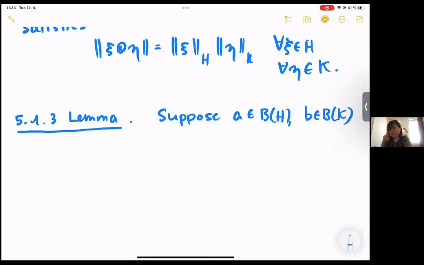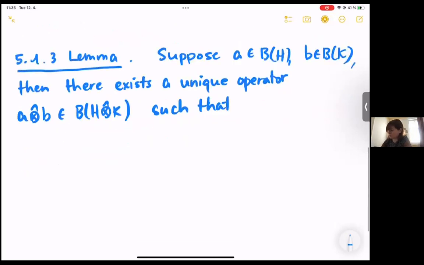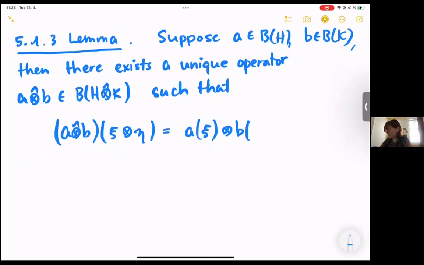So if we have a bounded operator A on H and a bounded operator B on K, then we can take the tensor product, which we define to be the unique operator, denoted A tensor-hat B, on the H tensor-hat K, such that if we take the operator and apply it to one of these simple tensors, then we just get a tensor product of A applied to chi and B applied to eta.